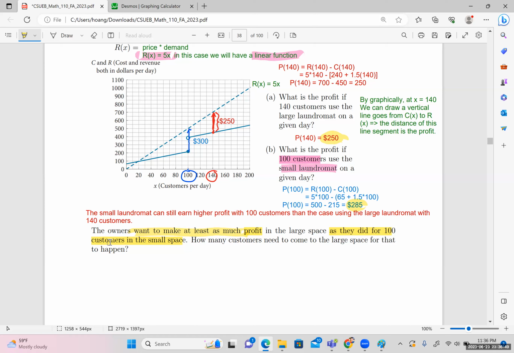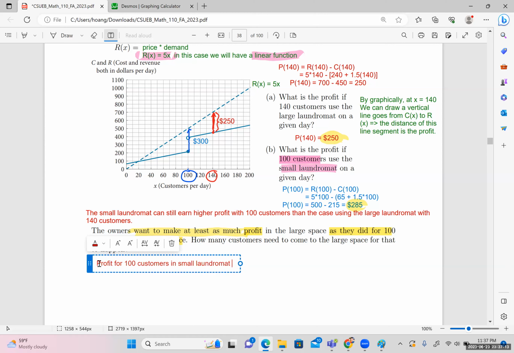So let's say the profit for 100 customers in the small laundromat is $285.